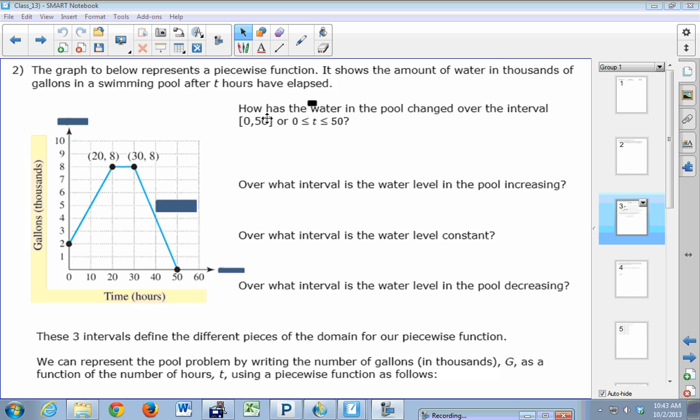Now remember, this interval is the same as writing this inequality, from 0 hours to 50 hours, including 0 and 50. So what I'd like you to do at your seats is to take a minute or two and just jot down what this story tells you from time 0 to 50 hours, what it tells you about the water in the pool.